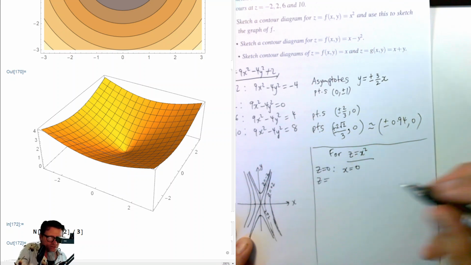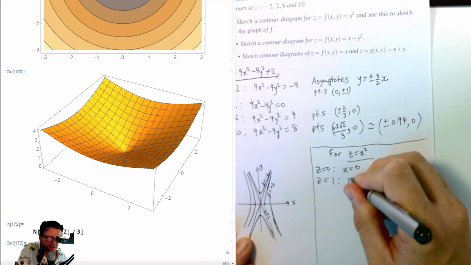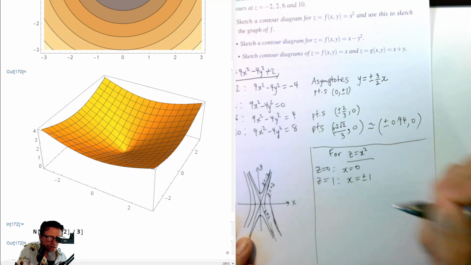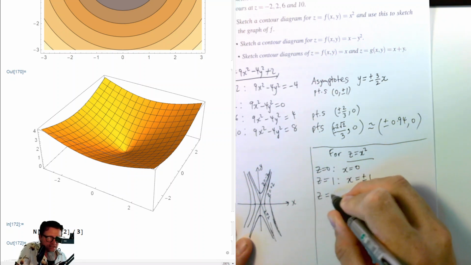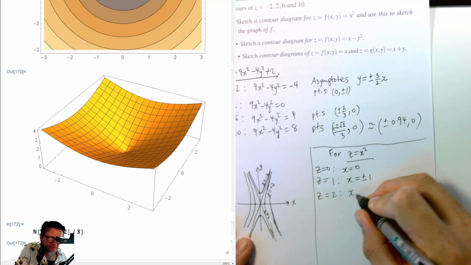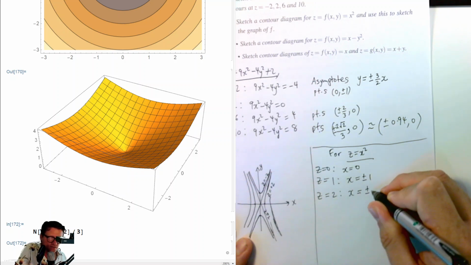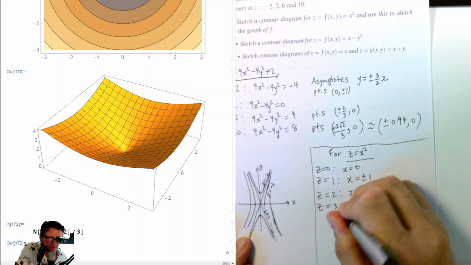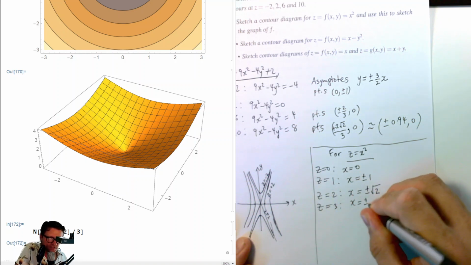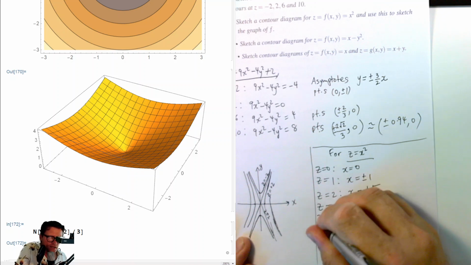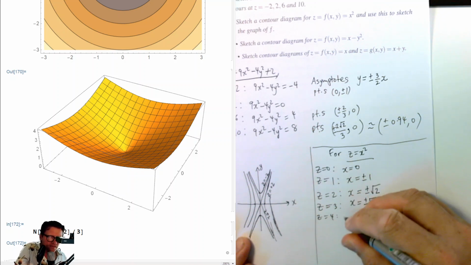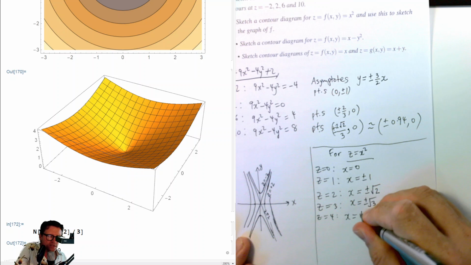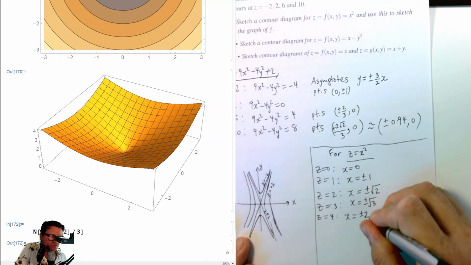So when z is equal to 1, we have x is plus or minus 1. Now when z is equal to 2, we've got x is equal to plus or minus root 2. When z is equal to 3, we have x is equal to plus or minus root 3. And when z is equal to 4, we have x equal to plus or minus 2.